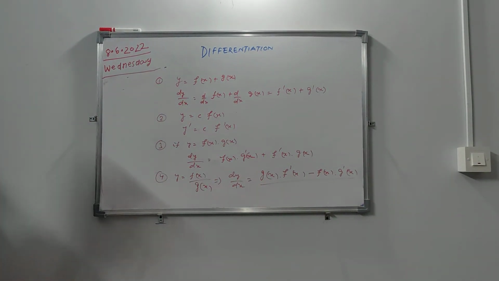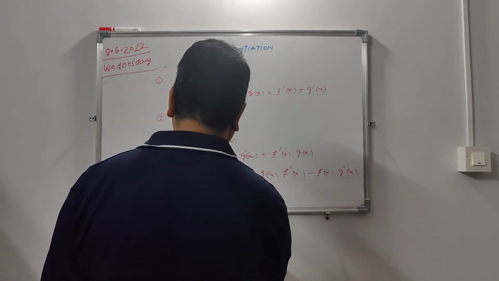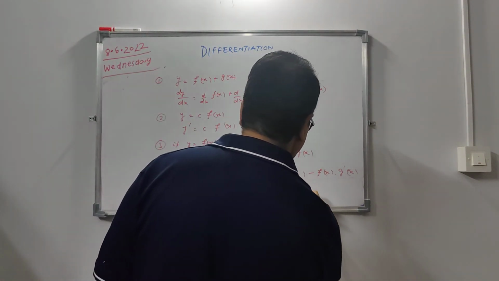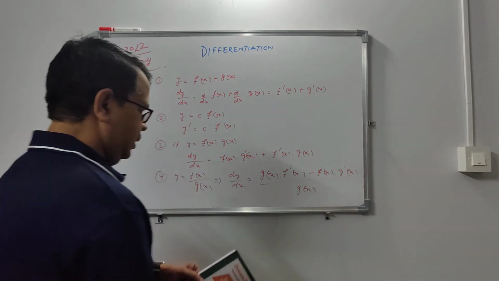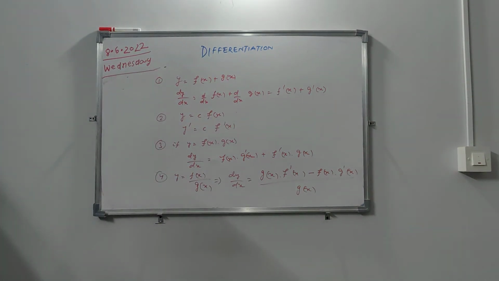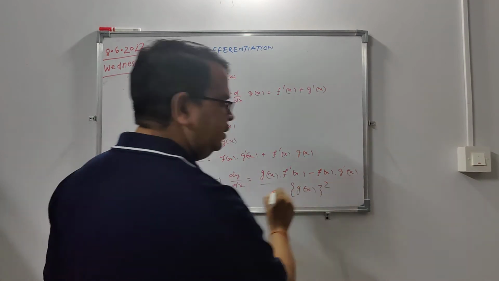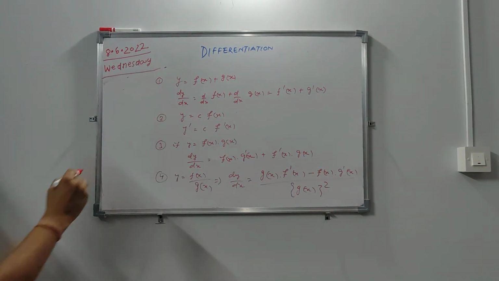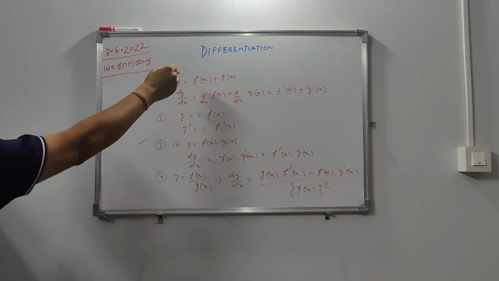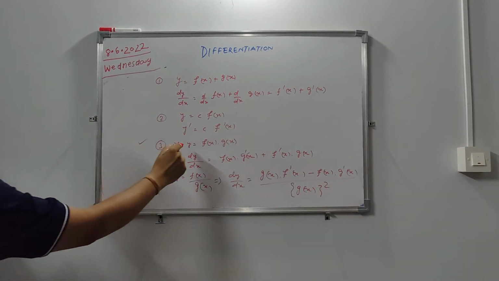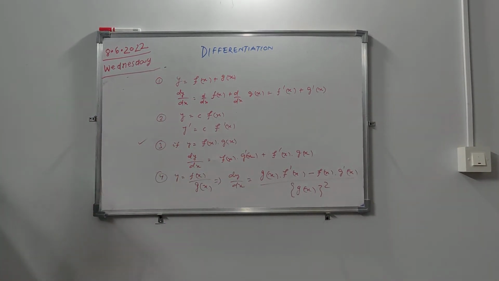The minus sign will come in the numerator, and the denominator will be g(x) whole square. This is very important and is used everywhere. The first two rules are obvious, but multiplication and division are a bit tricky and you have to remember them. There can be questions on this.